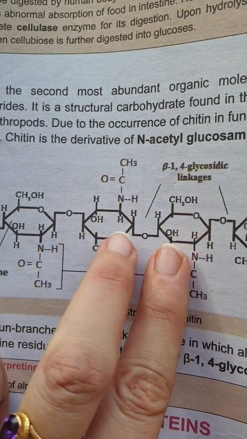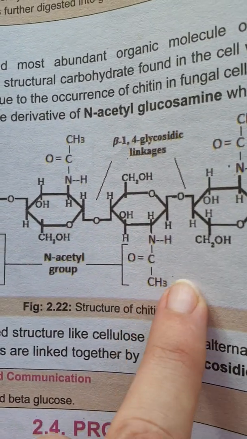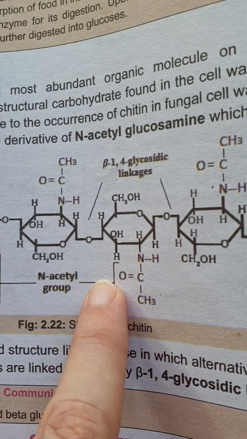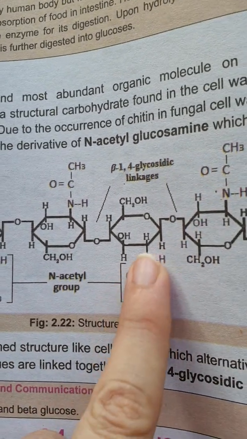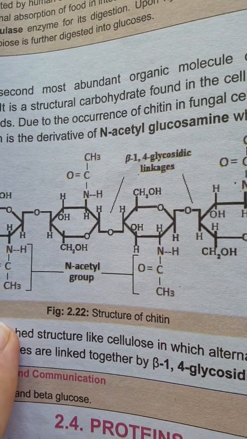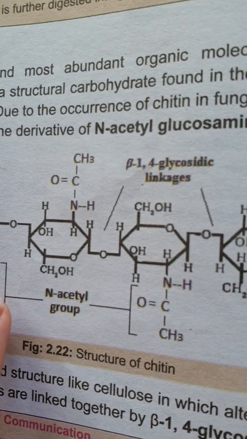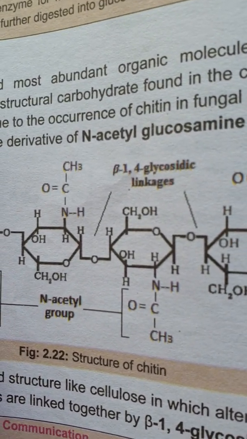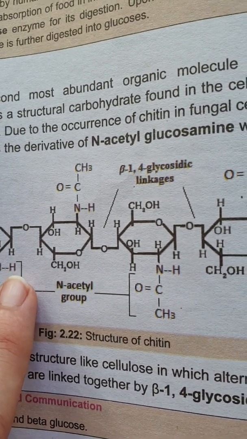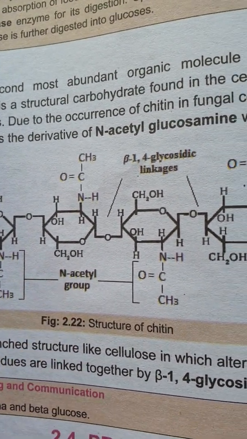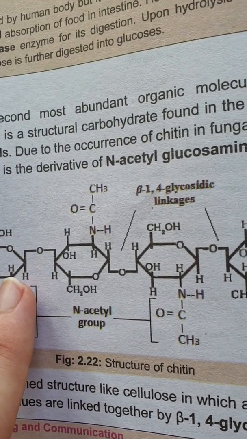Glucose units are attached with beta 1,4 glycosidic linkages, as well as the N-acetyl group, so they are known as N-acetyl glucosamine linkages, and this is very important in maintaining the structure, especially the skeleton of the arthropod, as well as forming the fungal cell wall. The fungal cell wall consists of chitin, the second most abundant carbohydrate of the earth.